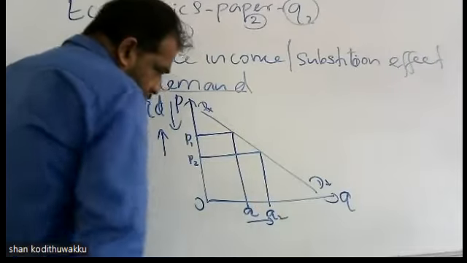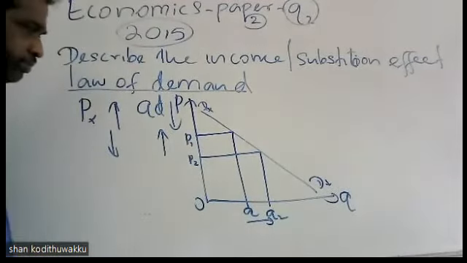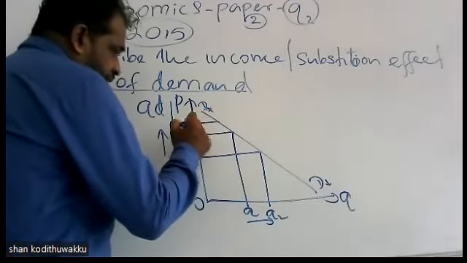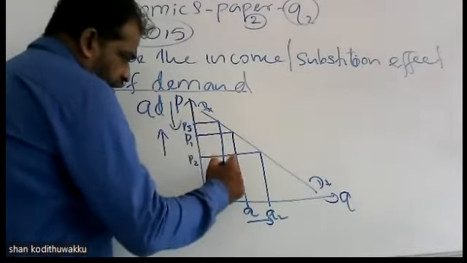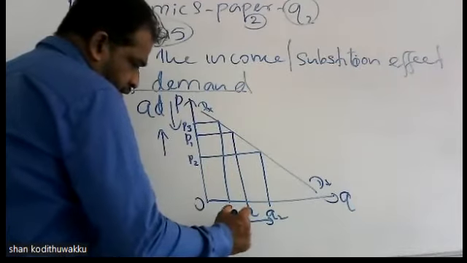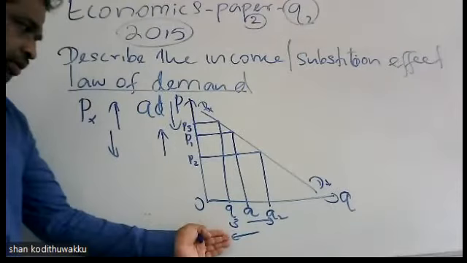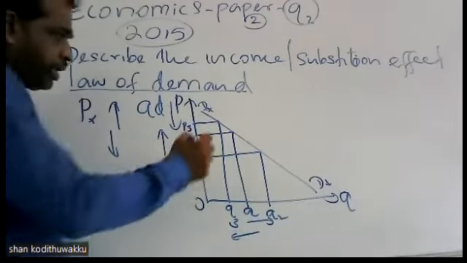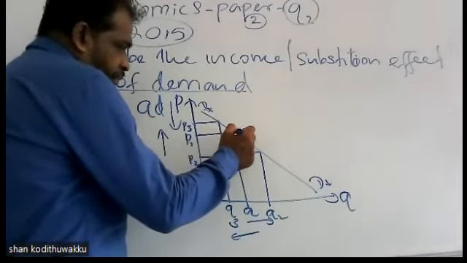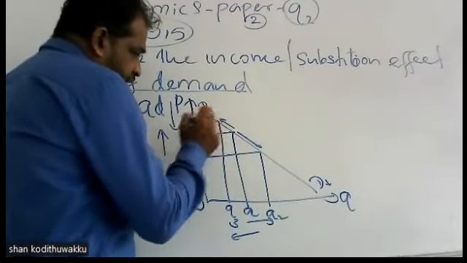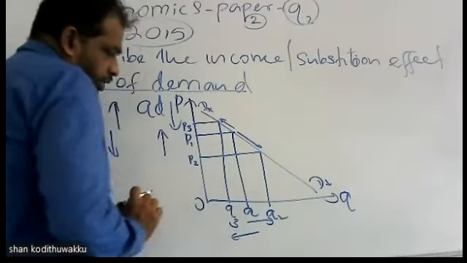Therefore, there will be a downward movement. If we take a P3 price like this, our quantity demanded will come down. Therefore, from this point, there will be an upward movement when the price increases.